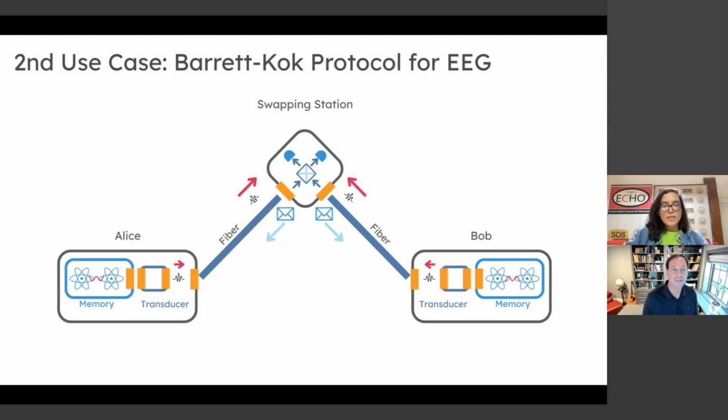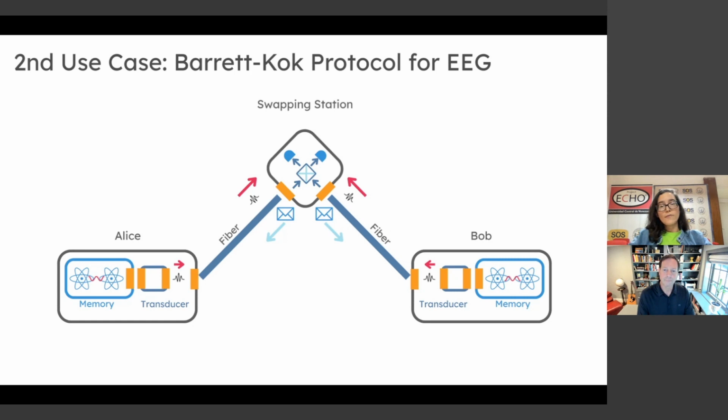All right. So as you mentioned, in this second use case we're going to be trying to achieve elementary entanglement between Alice and Bob. And there are different ways for achieving elementary entanglement. For example, we have point-to-point entanglement generation.